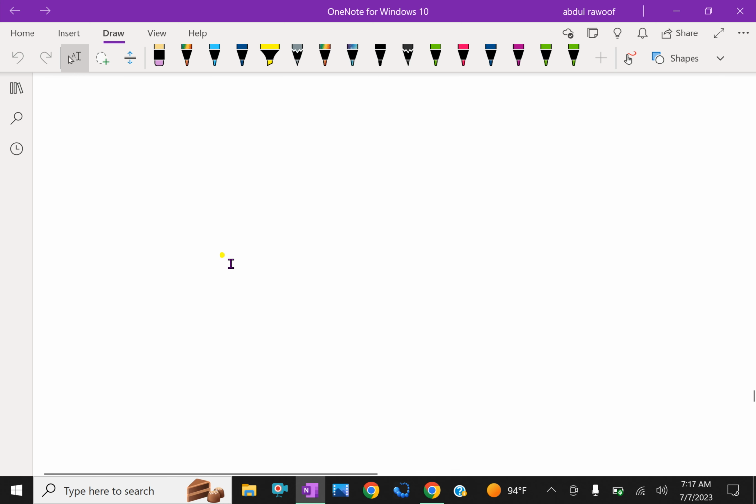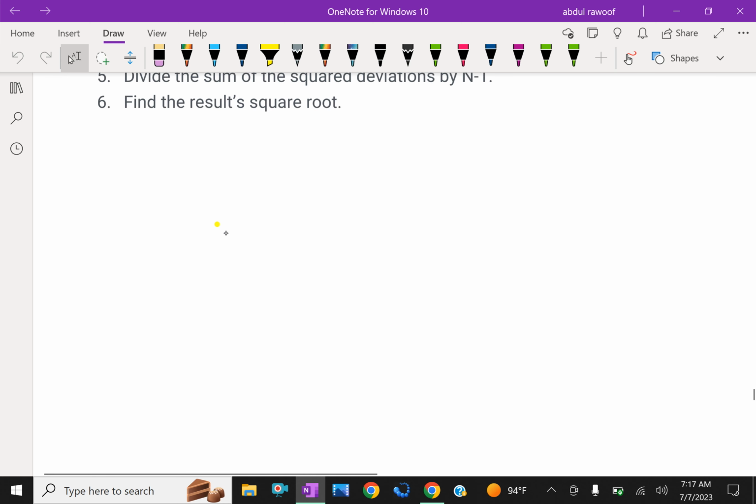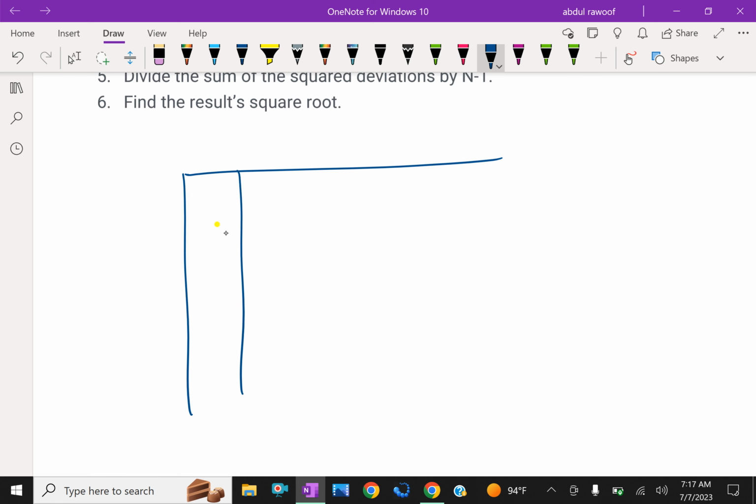We will make a small table here. This is the x value, then the difference, that is x minus x bar, then squaring the difference, that is d square. These are the columns we need.